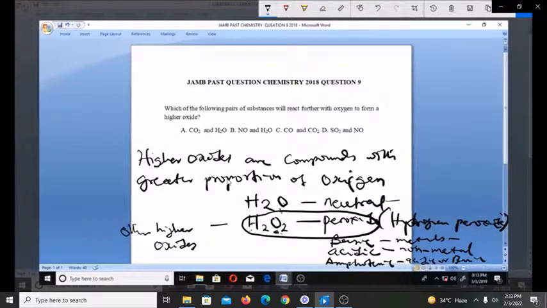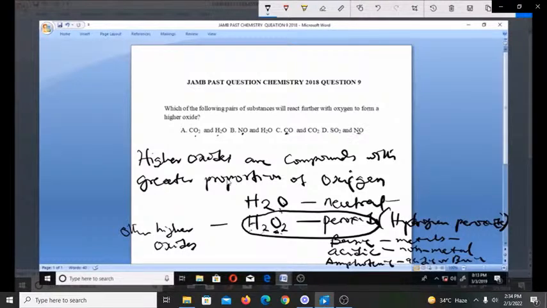So which are the oxidizing agents here that can help you to have such greater amounts of oxygen? If you look at this, CO2 is an oxidizing agent, and O2. This does not have enough oxygen in it. This actually reduces oxygen. Like you know the CO, when you inhale it, it can reduce the oxygen in your body.